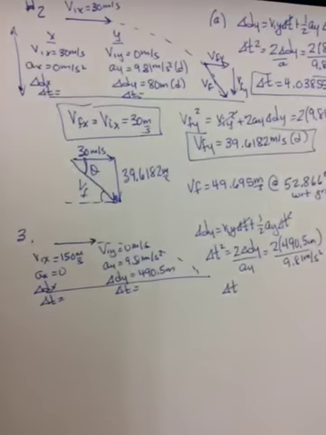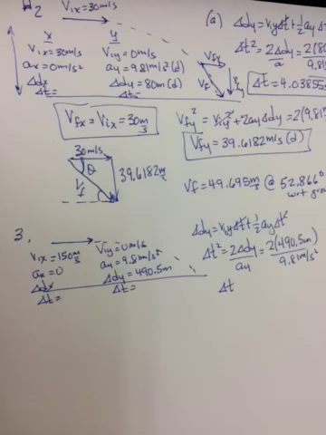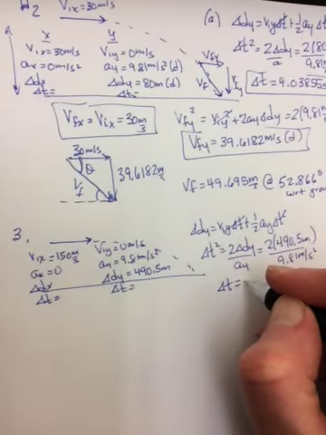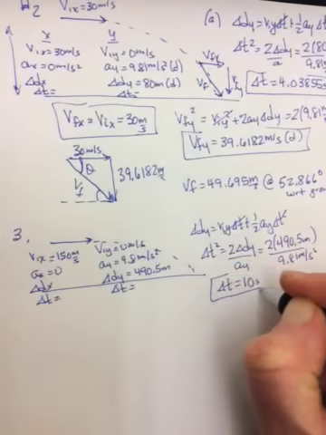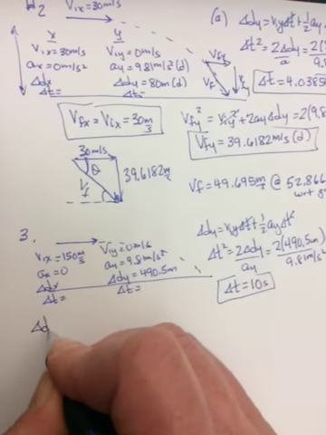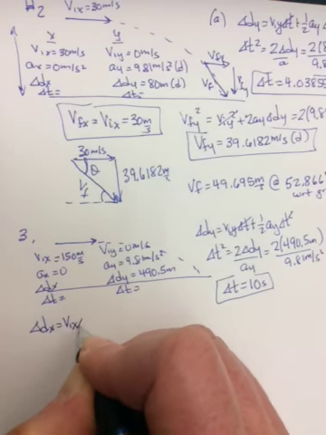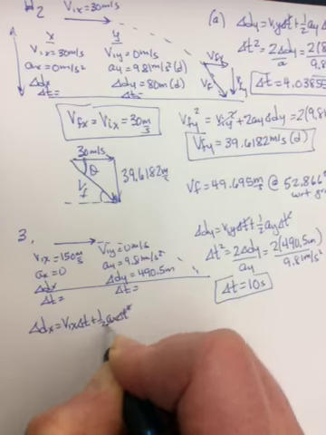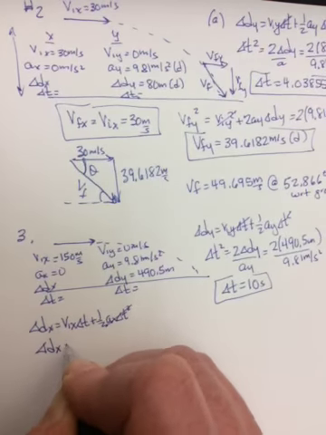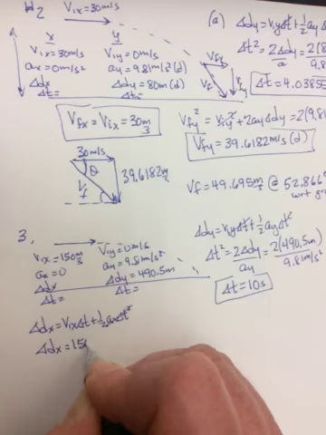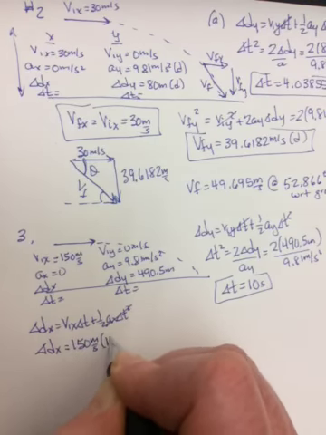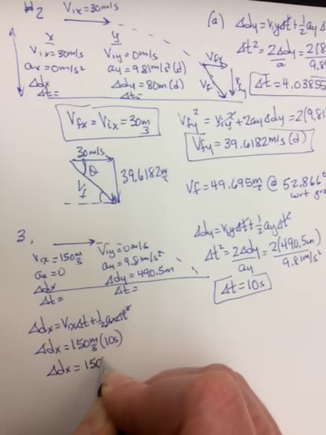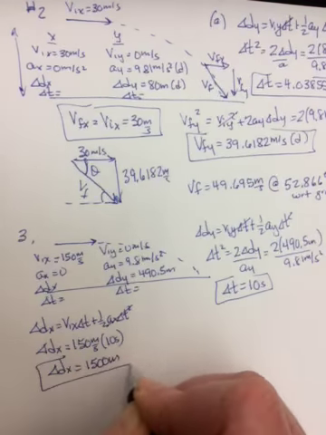I believe you're going to get 100 there and then take the square root, right? Yeah, 10 seconds. Once you get your 10 seconds, then delta dx is equal to Vix delta t plus 1/2 ax delta t squared. This goes to 0. Delta dx is equal to 150 meters per second times 10 seconds. Delta dx is equal to 1,500 meters.